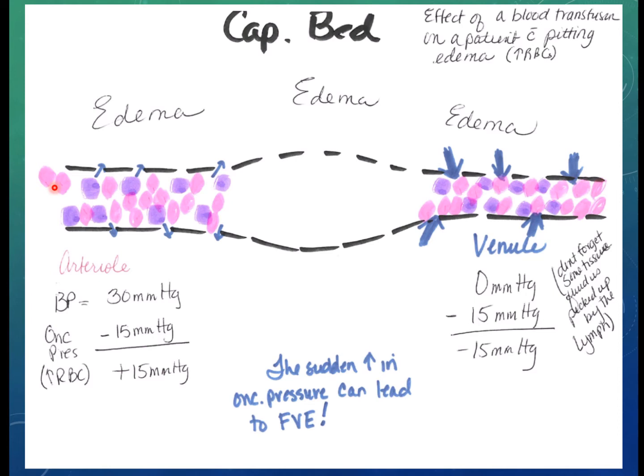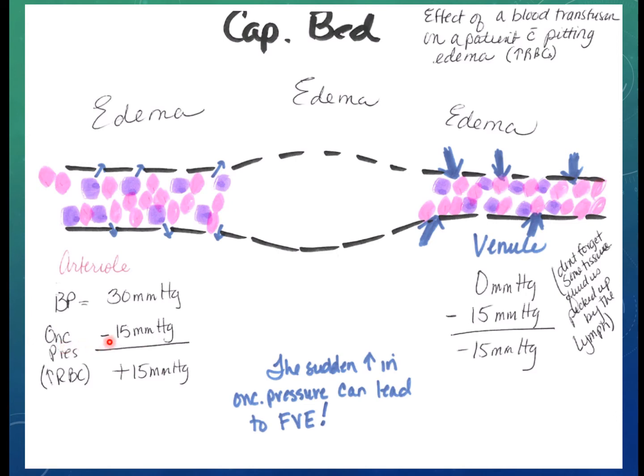And again, it's going to be the same amount on both sides. So also, in trying not to alter too many variables, we went back to a patient who had a normal blood pressure. So our blood pressure is going to be a +30, but our oncotic pressure is going to be a little higher now because we just added a bunch of red blood cells to the mix, okay?